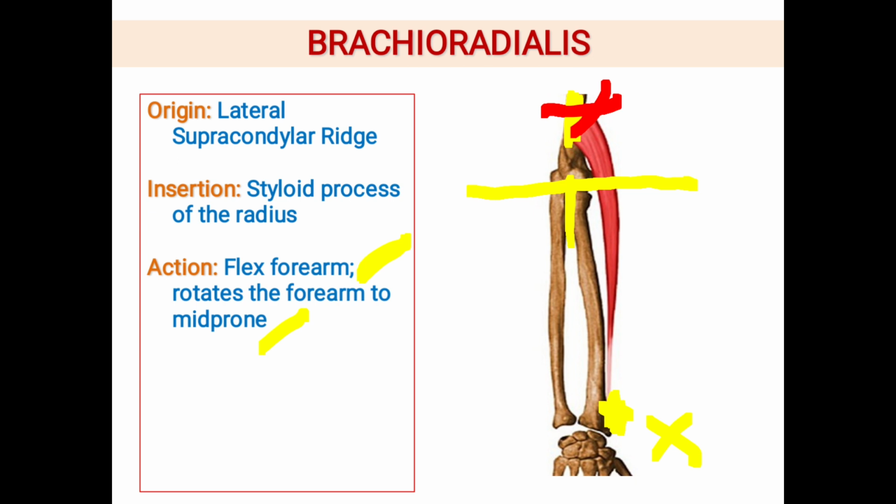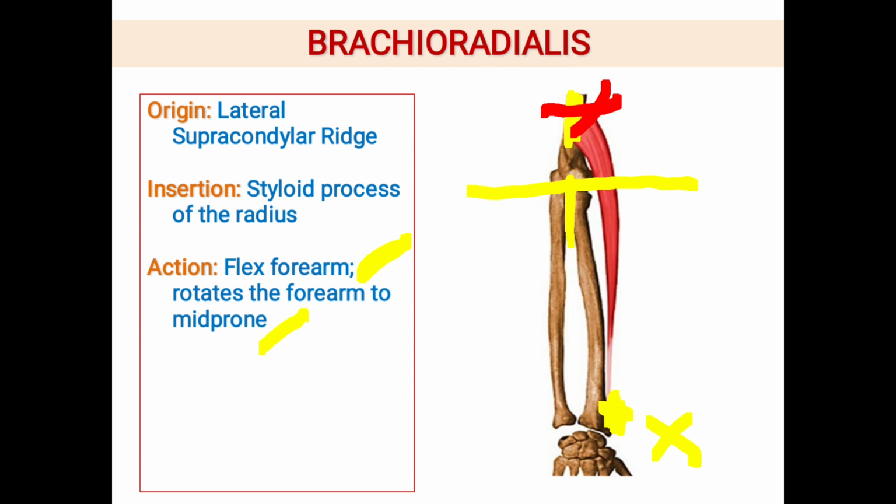And at the same time, if you are assuming a pronated forearm, you can turn the forearm to supination, but again, only halfway. So the brachioradialis is the muscle that can pronate and at the same time supinate the forearm, but only until the middle. Not full supination and not full pronation.